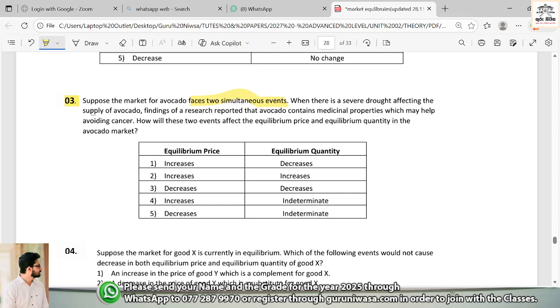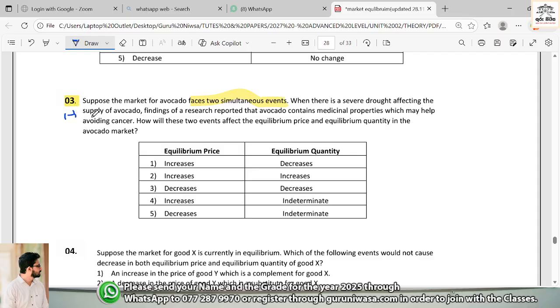What does it mean? There is a severe drought in the country. Then what happens to supply of avocado? If there's a severe drought in the country, what happens to supply of avocado? Decreases. Only a very little comes to the market.